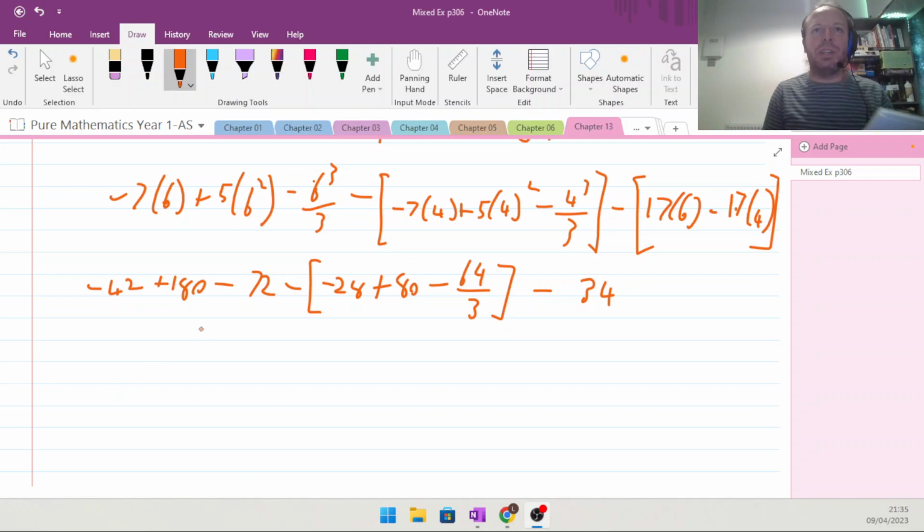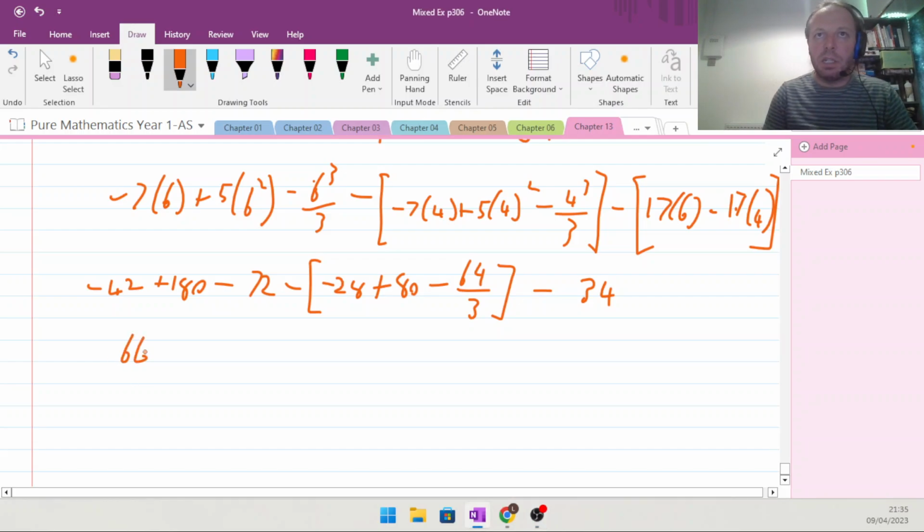Okay, making sure we don't have any silly numerical mistakes in this. 180 minus 42 minus 72 is 66. 80 minus 28 minus 64 over 3 is 92 over 3.